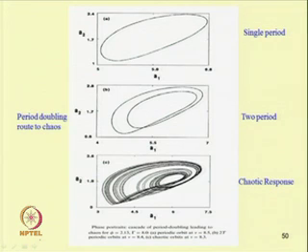Also, by solving this reduced equation, one can see near this half bifurcation point, one can obtain a set of periodic solutions. By changing the system parameter, one can show that this periodic solution becomes 2 period, and on further changing this parameter, one can observe a chaotic response of the system.